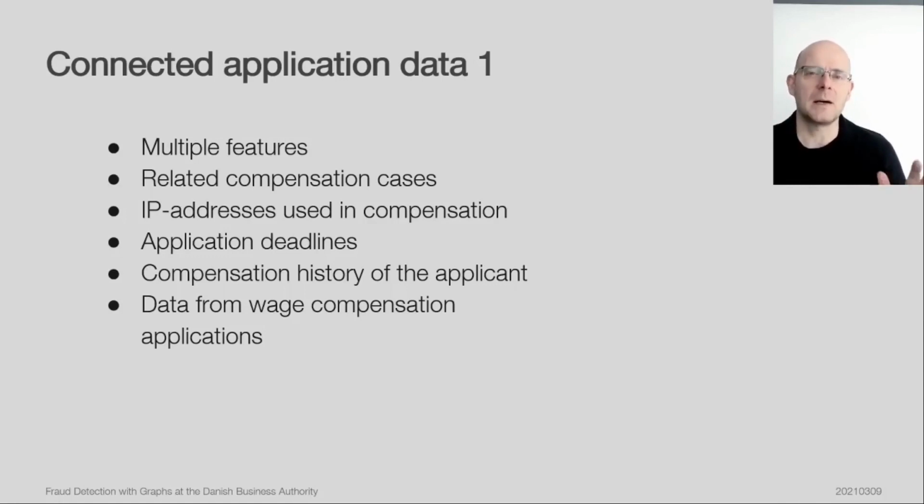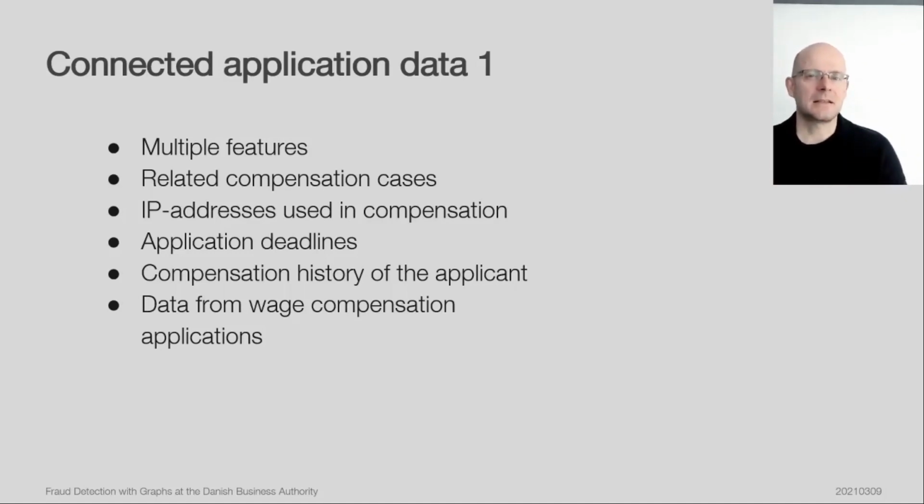So there's quite a rich variety and granularity in the data that we can now utilize by means of graph, and again look into multiple features at once, look into how the individual case we're looking into relates to other cases.